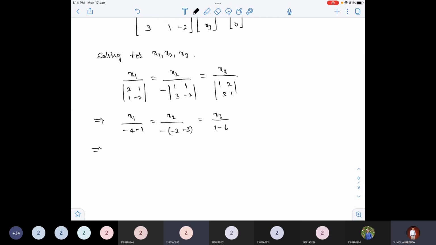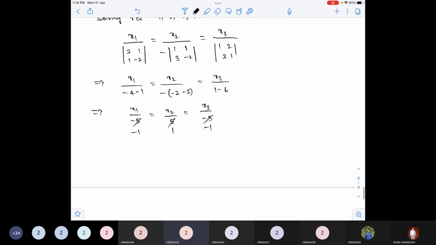Then that implies x1 by minus 5, x2 by 5, x3 by minus 5, which are minus 1, 1, minus 1. Then at last that implies x1 by minus 1, x2 by 1, x3 by minus 1.